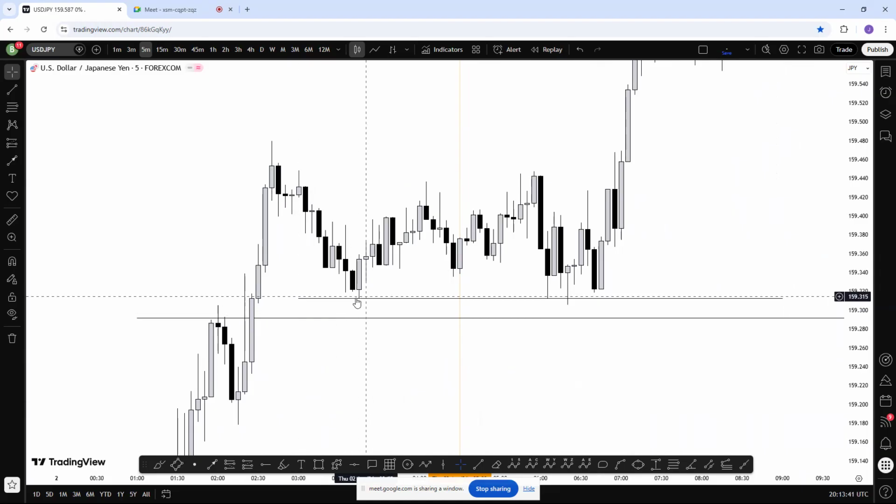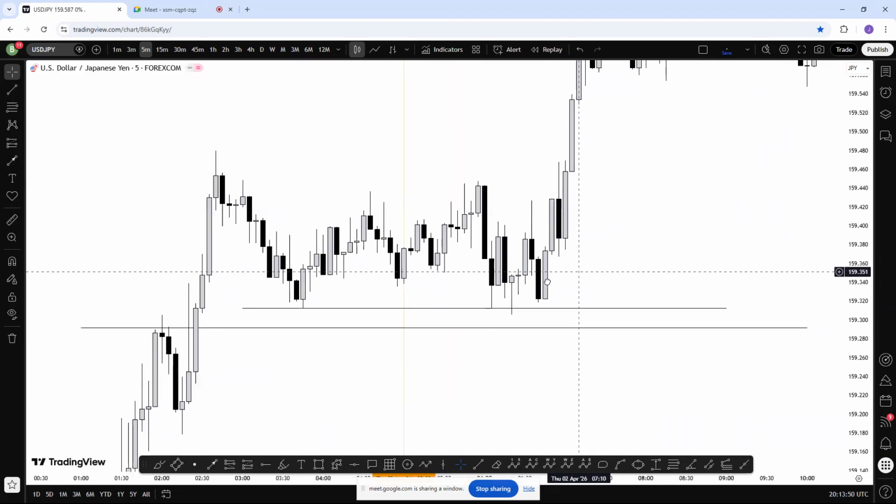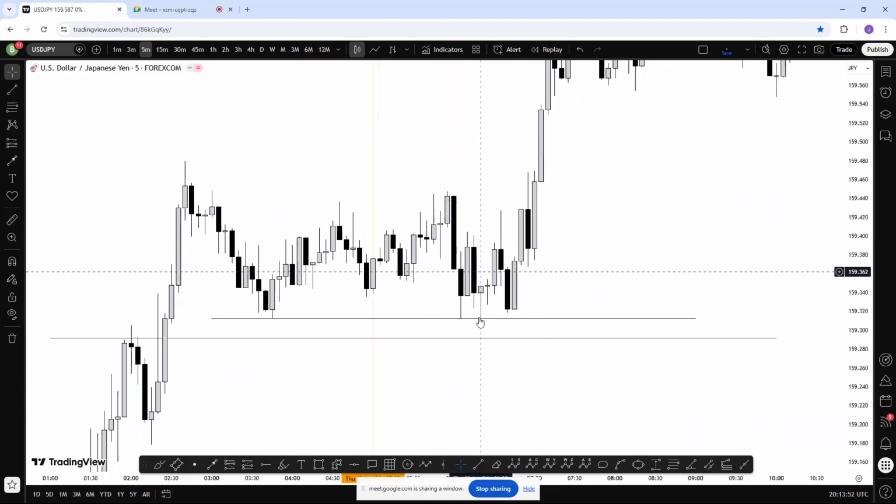Make sure you are marking it to the pip. You can see equals. Equals are formed. After equals are formed, for example, look here. Even if you have touched this area, there is no order block as of now because this candle was not engulfed as of now.